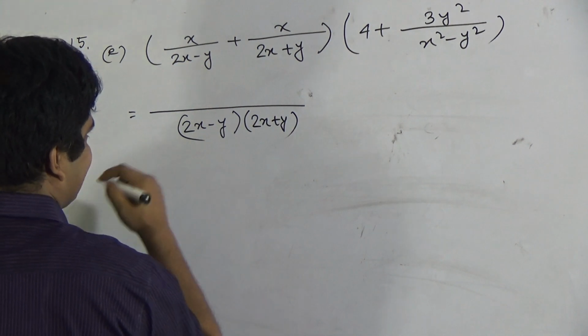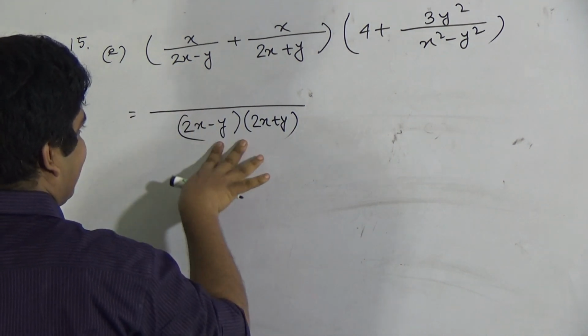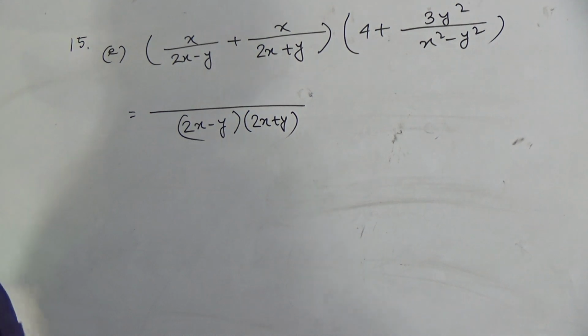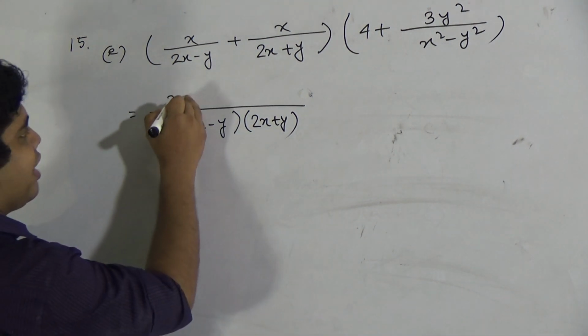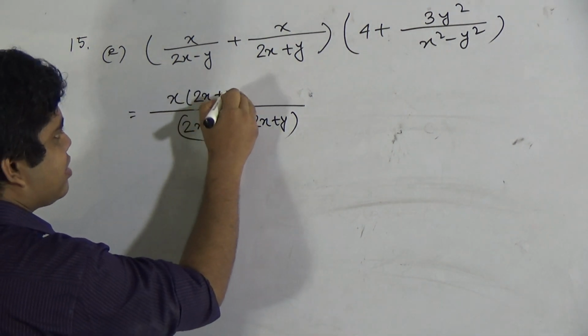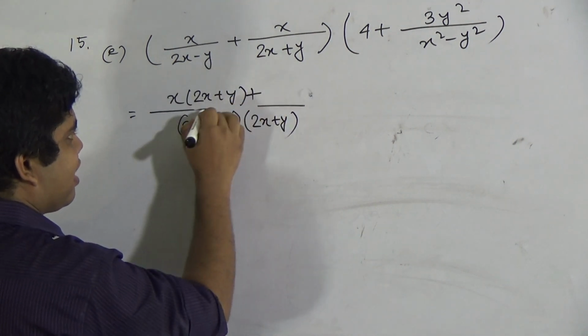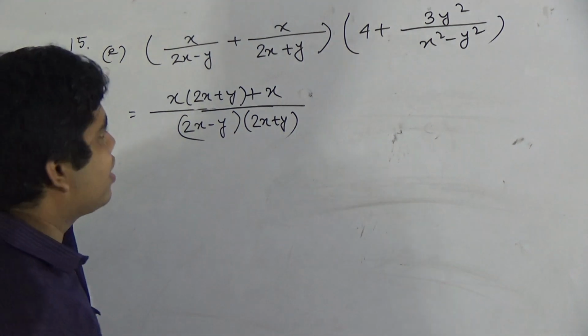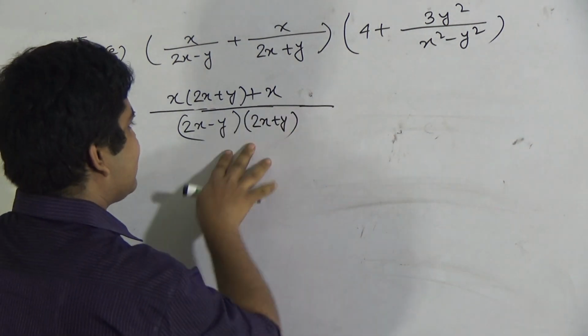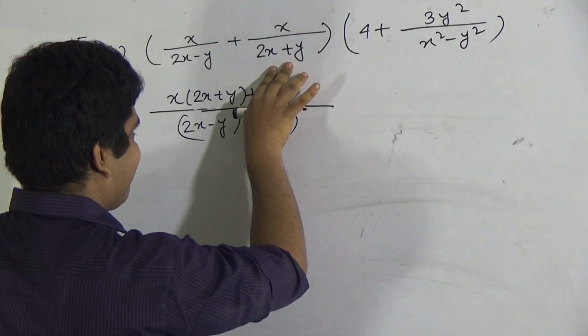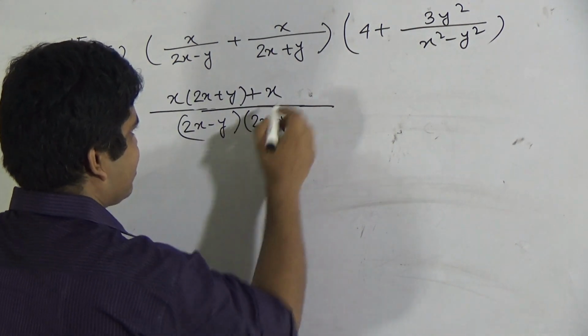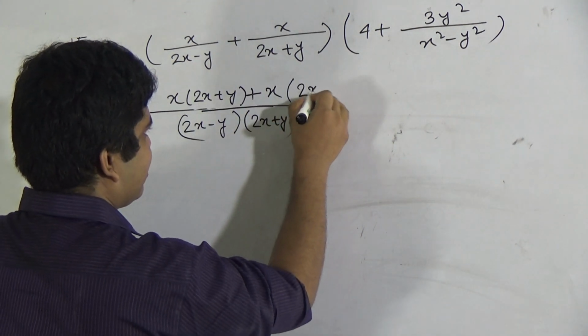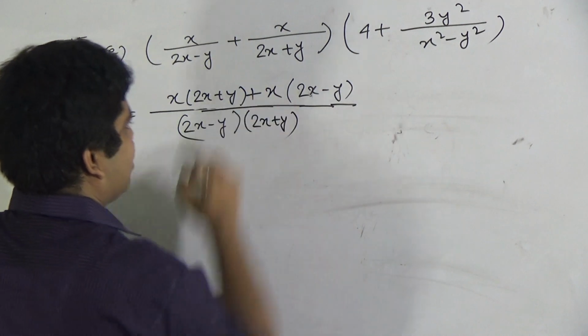So here you notice, you divide this LCM by the denominator of the first fraction and we get twice x plus y. This plus sign is here, after that x is written here. Now this LCM is divided by the denominator of the second fraction and we get 2x minus y, and that is multiplied with this numerator.